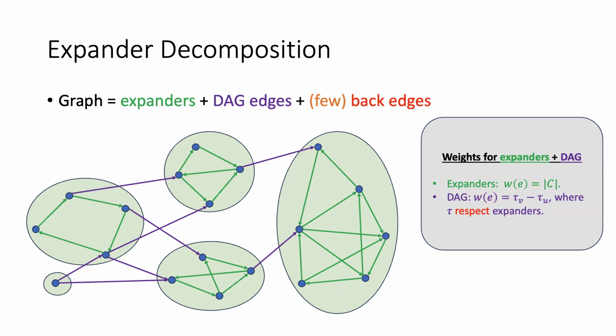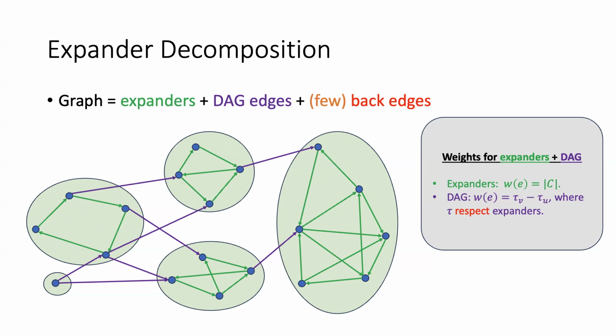To get an intuition why this is a good weight function, we can consider rerouting the maximum flow so that it becomes short with respect to our weight function. We simply reroute it within an expander so that you use very few expander edges. And because the sizes of the expanders sum up to n, the total contribution of expander edges on each flow path is bounded by roughly n over phi.